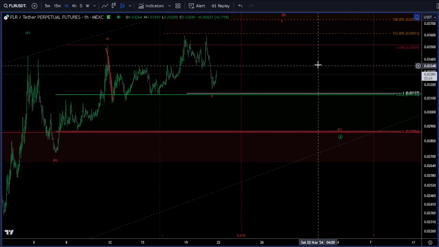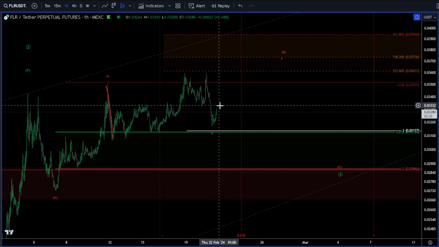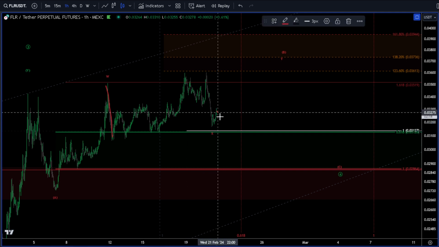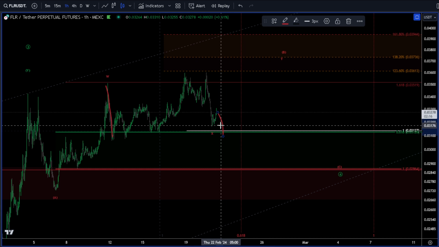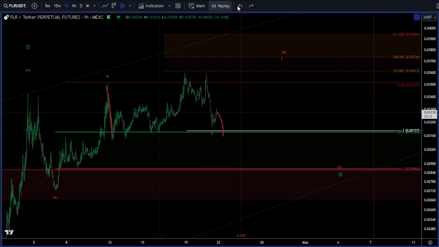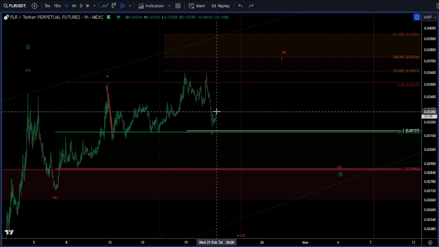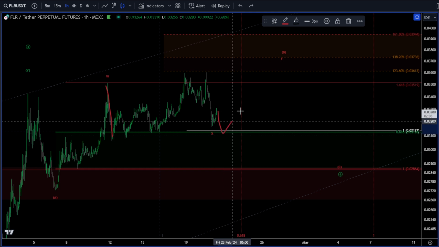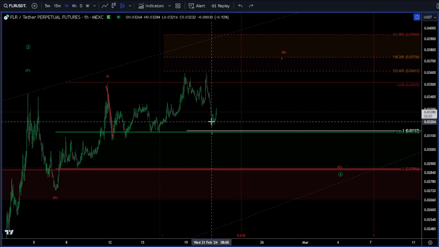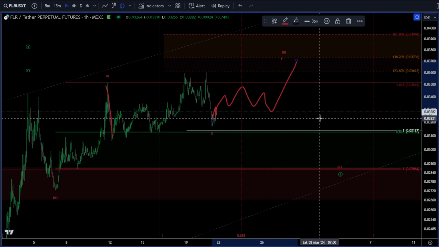So this pattern can be complete now, or we get one more tick lower like this if the fifth wave isn't complete. It's just tough because we're on such a small time frame to get any good wave count on just this small wave here, although it does look impulsive. So it could get one more down and go, or just go from here and make a three-wave move to the upside.